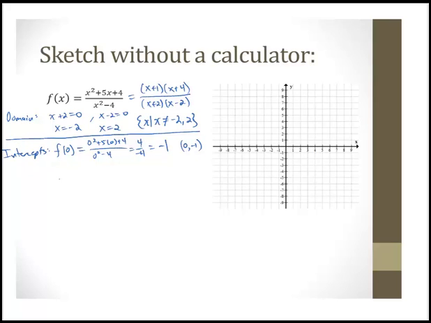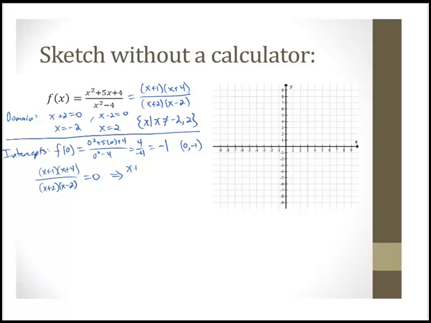Setting the function equal to 0 to find any x-intercepts, I'm going to use the factored form here. If I have x plus 1 by x plus 4 over x plus 2 by x minus 2 equal to 0, well, a fraction can only equal 0 if the numerator equals 0.